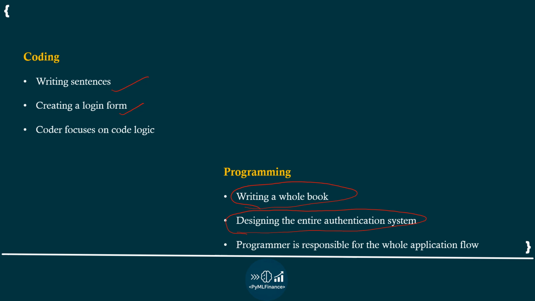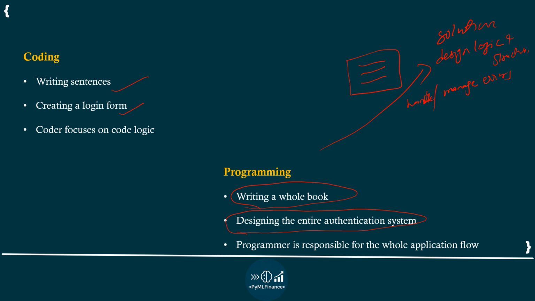However, when it comes to programming, you are not just writing certain lines of code, but also planning the solution. As a programmer, you design the logic and structure. You also handle or manage errors.